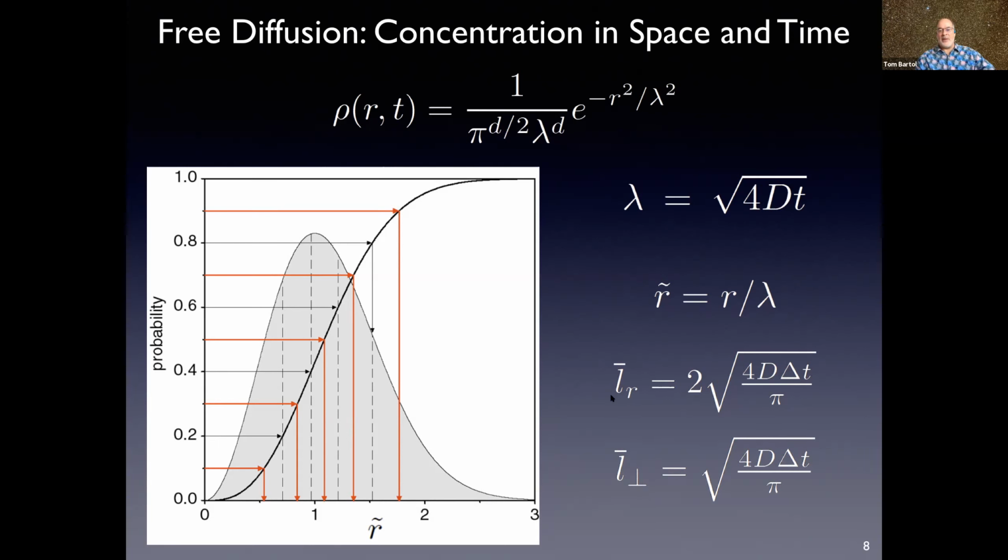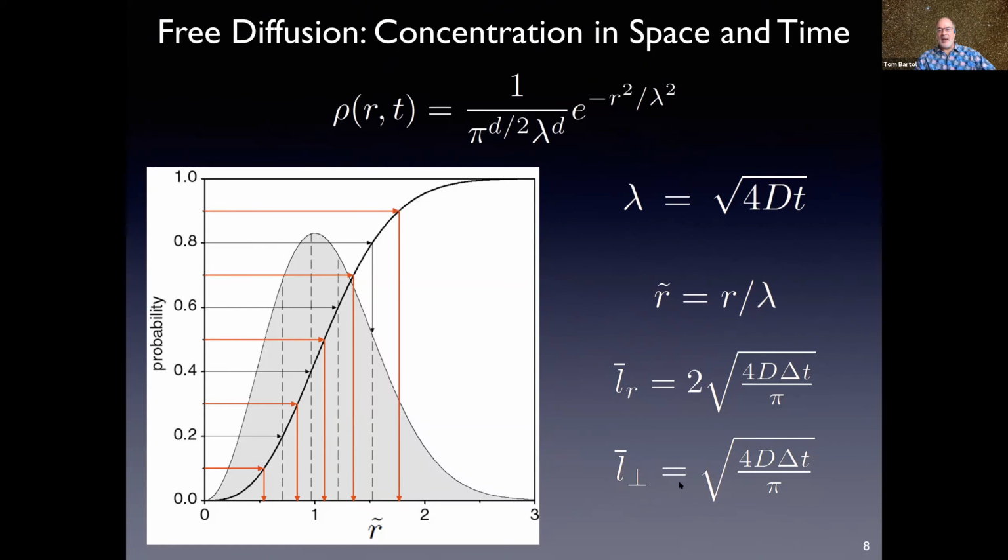And so the average radial diffusion distance that particles will move is this quantity here. And the average distance that particles move normal to a reference plane, I mean, along the direction of a normal to any plane that you define, is going to be important for development of the algorithms in a few slides from now.